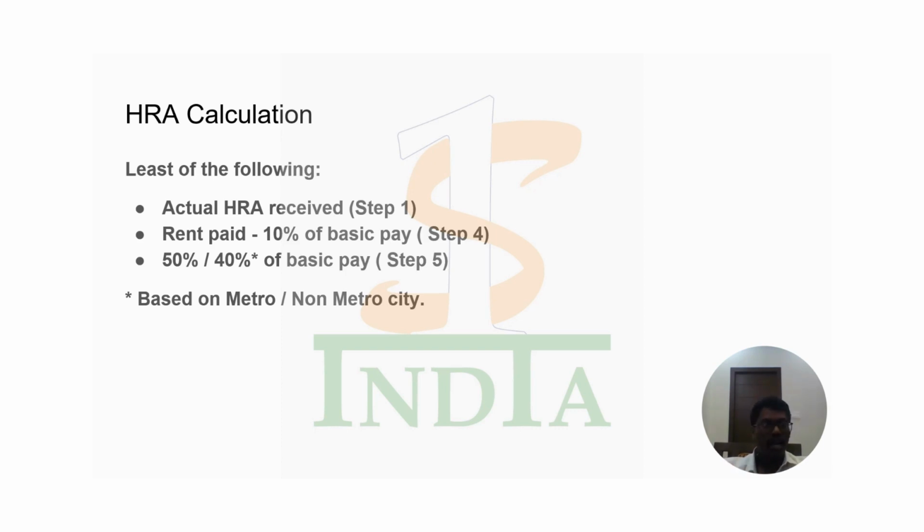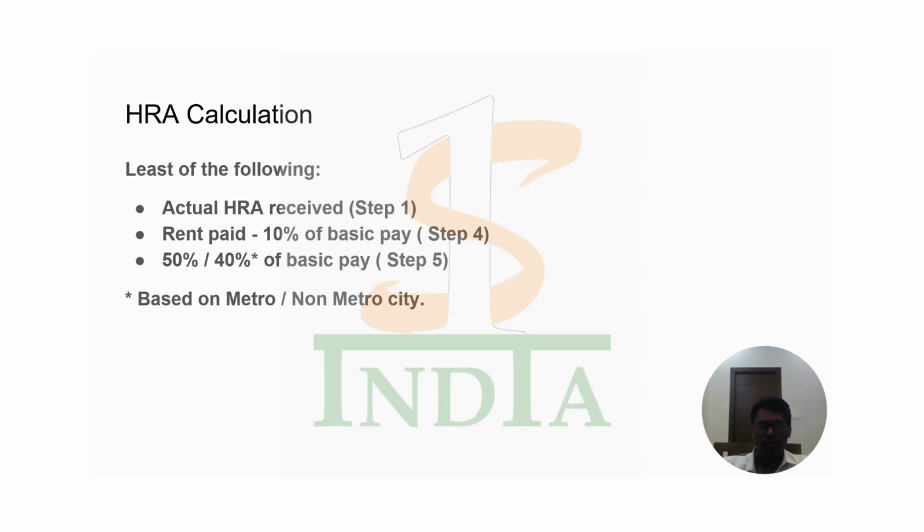The first one is the actual HRA received, which you can easily find from your Form 16, and this is the amount from step number 1. The second limit is rent paid minus 10% of your basic pay plus DA, the amount from step number 4. And the third limit is 50% or 40% of your basic salary plus DA, the amount from step number 5.